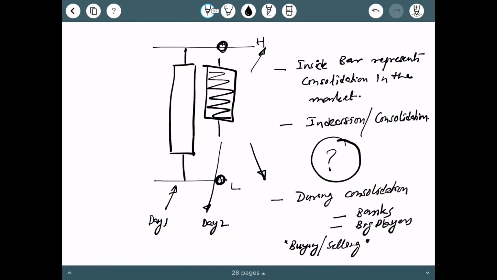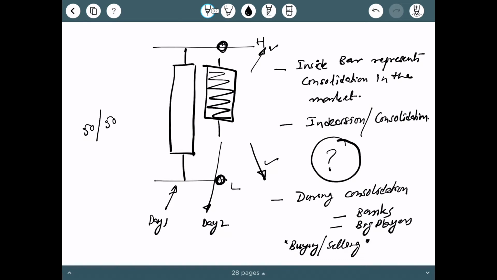This gives them an edge because more and more people will be interested in making a decision, and 50% of the people will make wrong decisions and 50% will make the right decision, whether to go long or whether to go short.